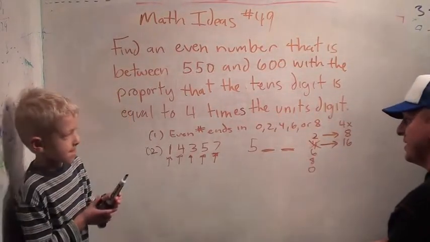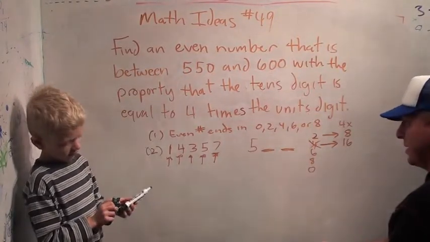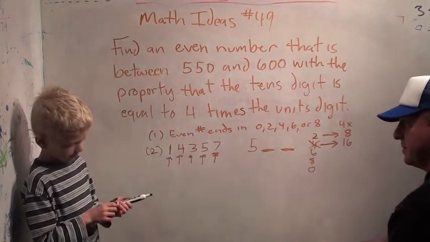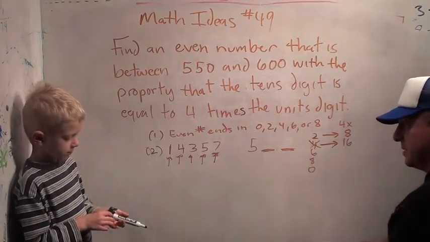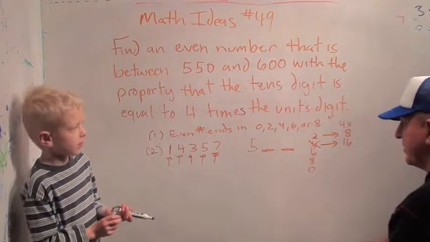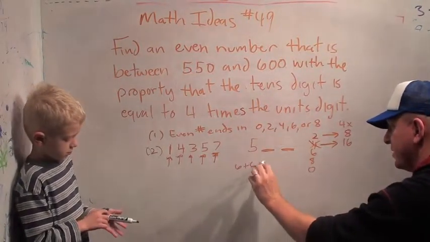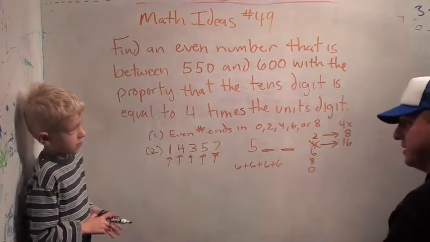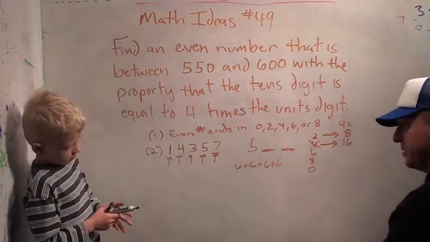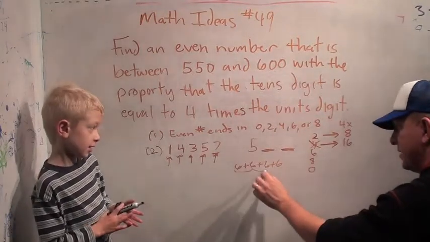What's 4 times 6? We have to do 6 plus 6 plus 6 plus 6. Let's see. 6, 12, 18.